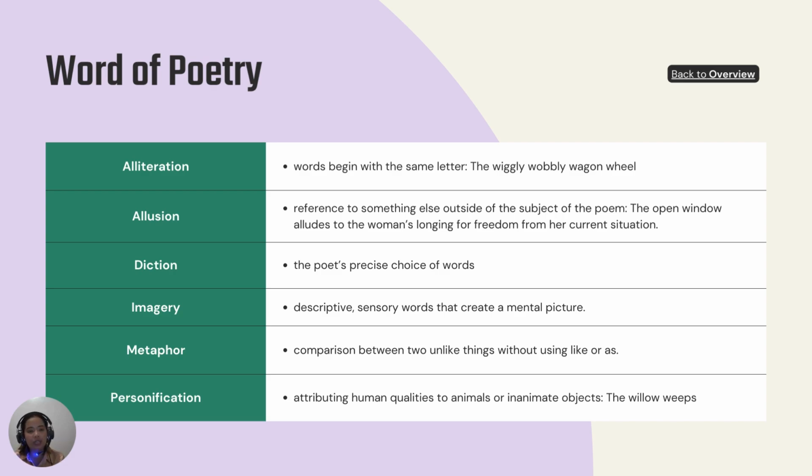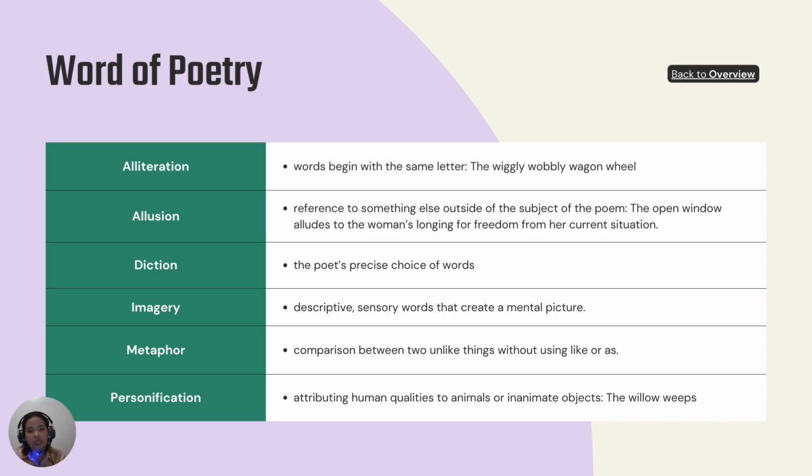So we do have the sound devices, and that's for the alliteration. So when we talk about alliteration, they have the style of the writer wherein they try to use words beginning with the same letter. So that's a sound device, and that's another characteristic or style of the author. So the example of that one is the wiggly wobbly wagon wheel.